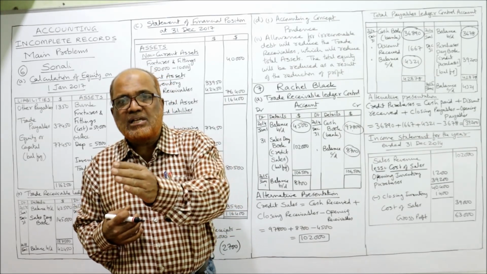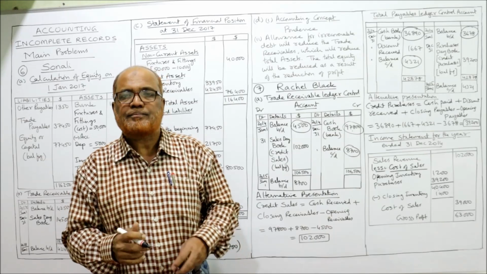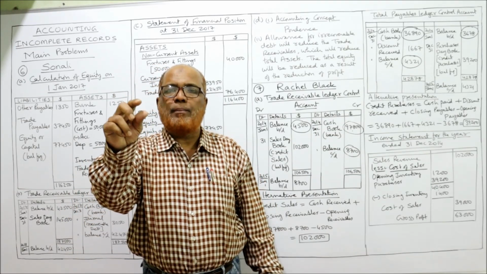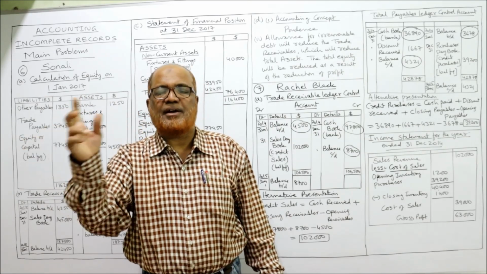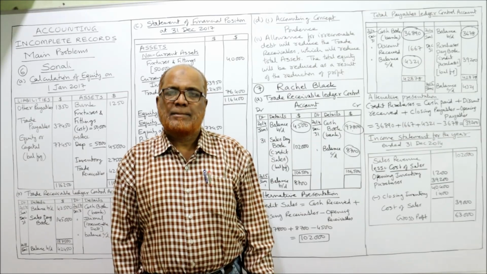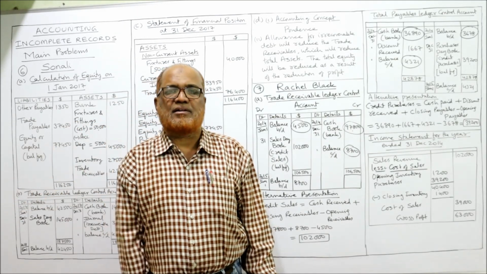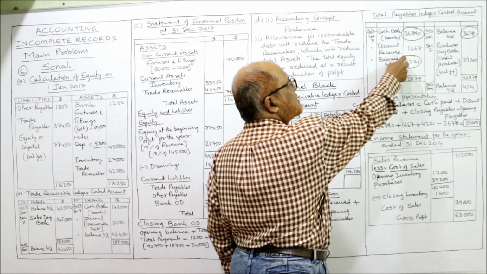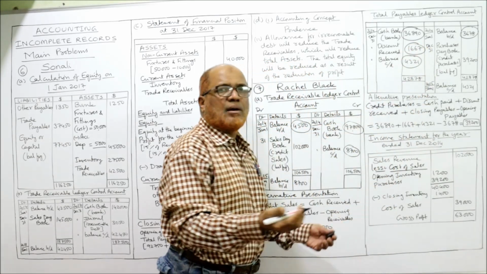So discount received should be credited and payables should be debited. Write the entry. Discount received entry: trade payables debit and discount received credit. So trade payable should be debited. So debit side, discount received 4,667. That's all. This is the complete information.